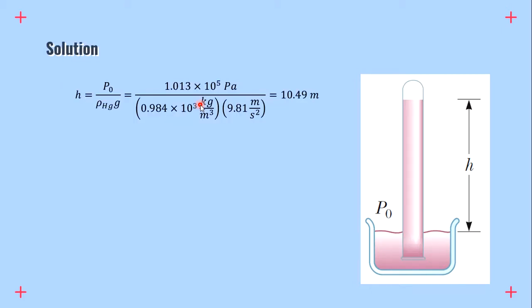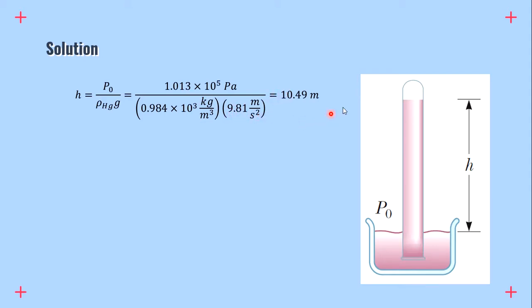So let's just do what we did earlier. h is equal to P naught over rho wine g, where the atmospheric pressure is 1.013 times 10 raised to 5 over 0.984 times 10 raised to 3, which is your density, I just changed it into scientific notation, kilogram per cubic meter, times 9.81 meters per second squared.